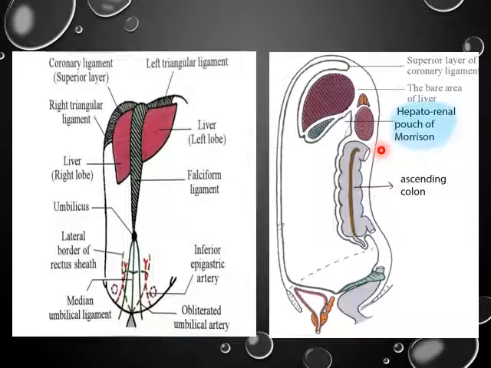That is, in any pathological condition, if by chance pus is getting collected, this one area, the hepatorenal pouch of Morrison, will be the one in which it will be collected. That is, in a person lying supine, the hepatorenal pouch of Morrison is the most dependent area.